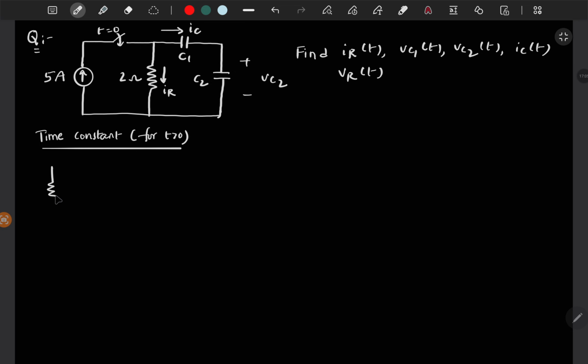So equivalently you will get a single capacitor of C1 C2 by C1 plus C2 with a resistor of 2 ohms in series. So tau is equal to C1 C2 by C1 plus C2 times 2. So this is finite.